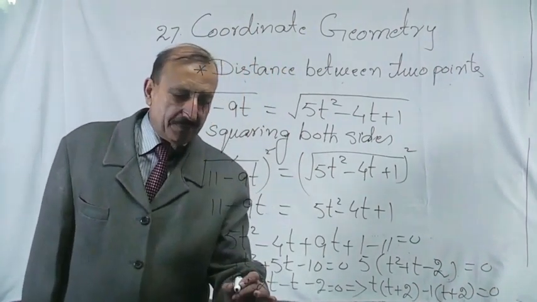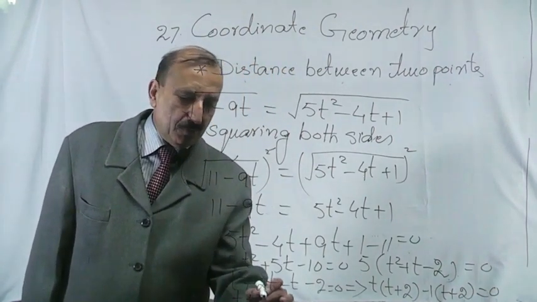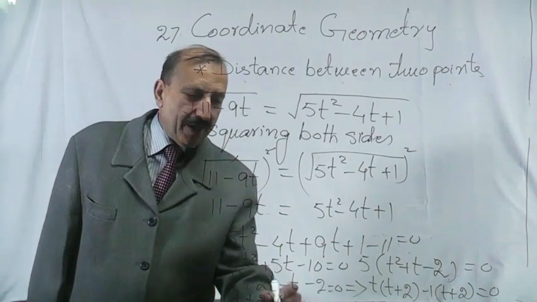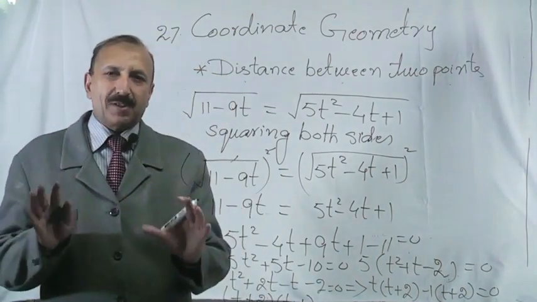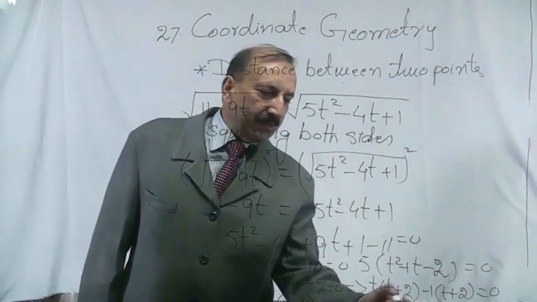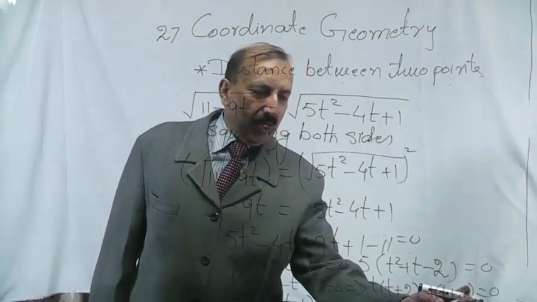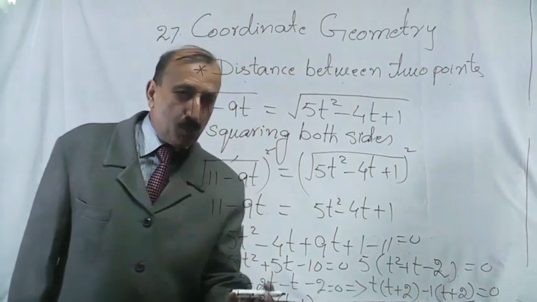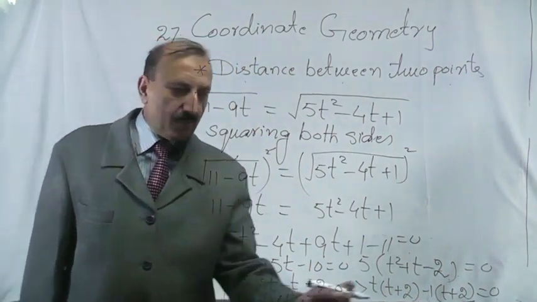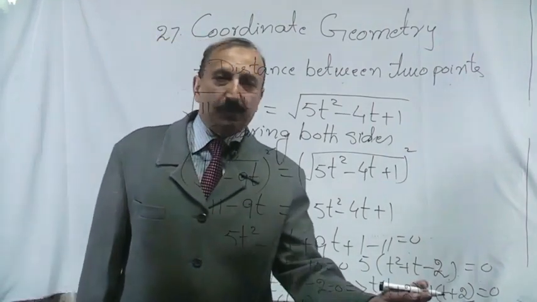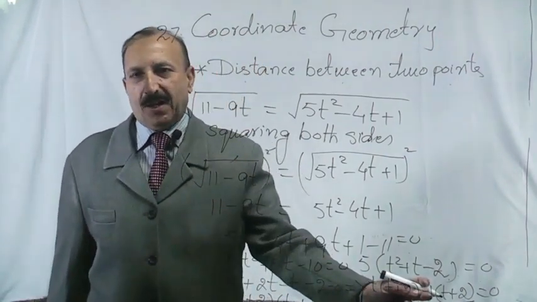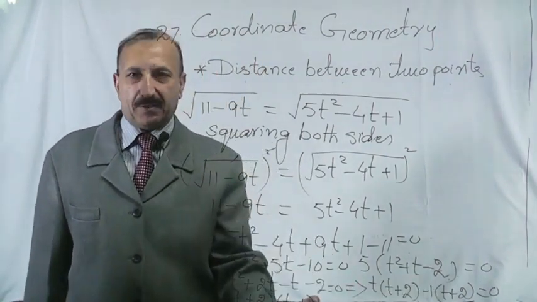We got two factors, t plus 2 and t minus 1. The process behind it is, because this factor is common in these two terms, I have taken this t plus 2 as common, and the rest is t remaining in the first term and minus 1 in the second one. And now this gives us the second factor.